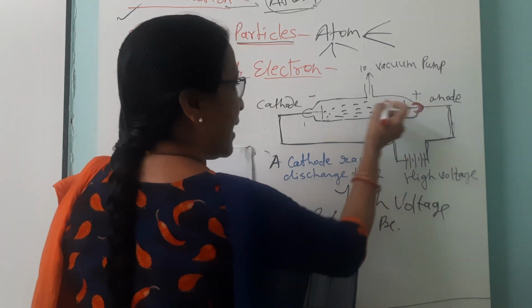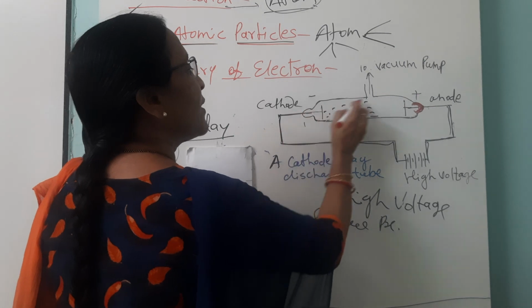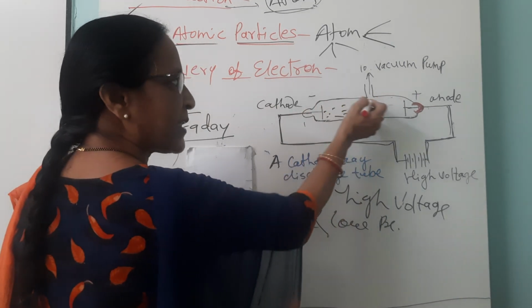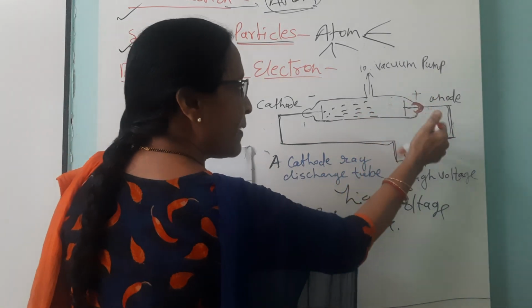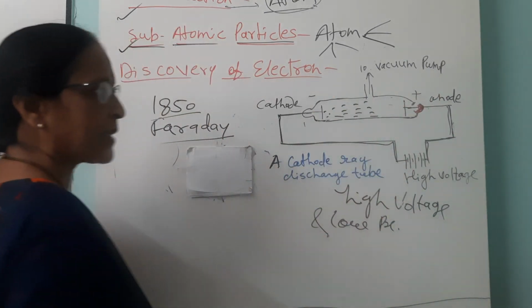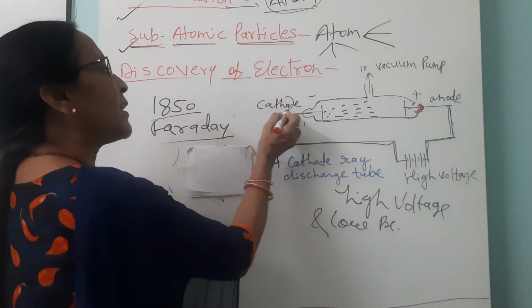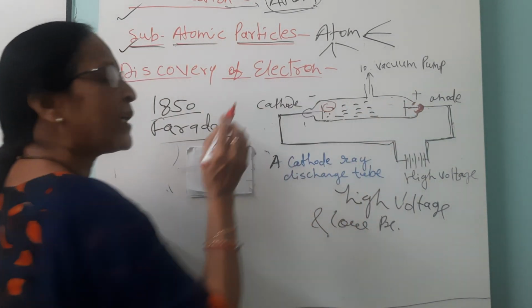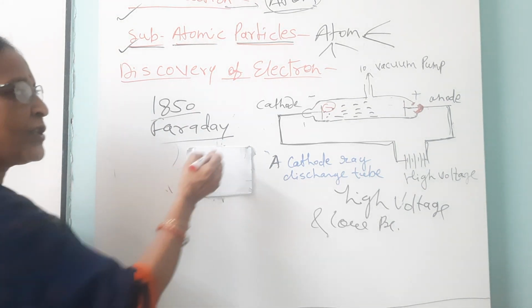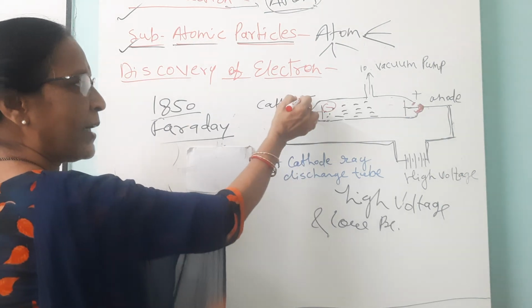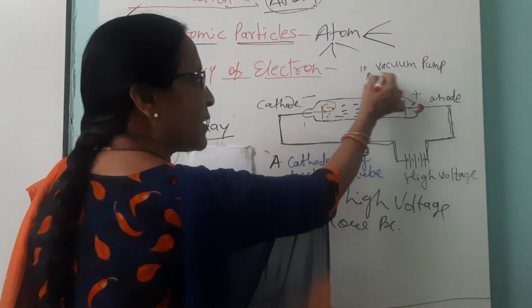When these particles, coming from the cathode, bombard this side, if one hole is made at this side, with the help of this hole they can study the presence of these negative particles emitted from the cathode and going towards the anode.